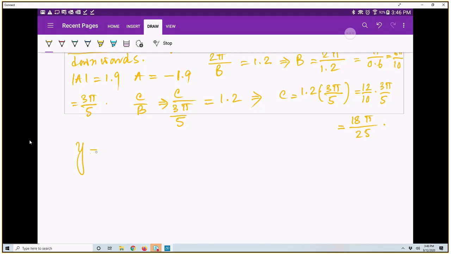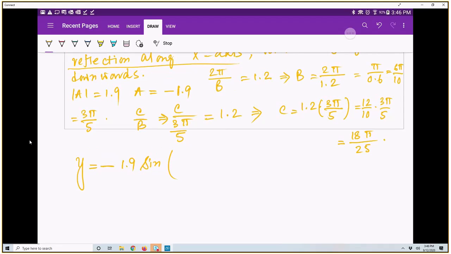So y, remember this time you were writing in terms of sine, with reflection, so minus 1.9 times sine of, b is, we found the b value to be 3 pi over 5, so 3 pi over 5 x minus c, which is 18 pi over 25, and then I have a shift of 0.1 units downwards.